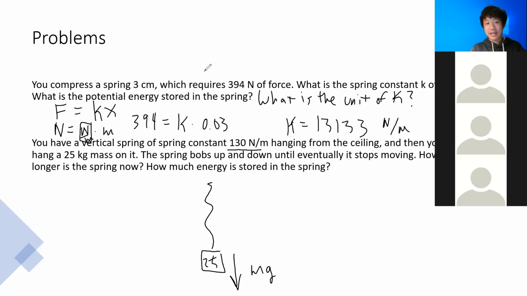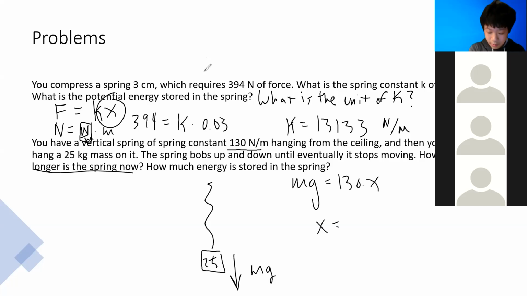This is the force that we're going to use in our calculations for how much longer. That's going to be x here. So mg, which is F, equals K, 130 times x. So what's the answer going to be? 25 times 9.8 over 130. X is going to be 1.88 meters. That's how much longer it's going to go.